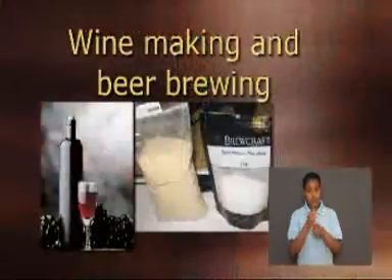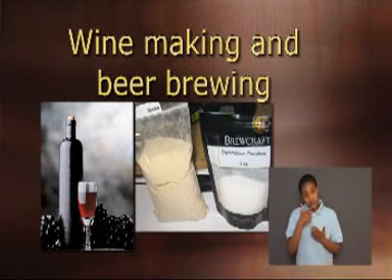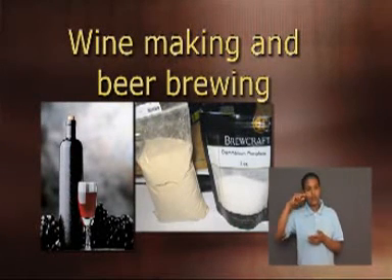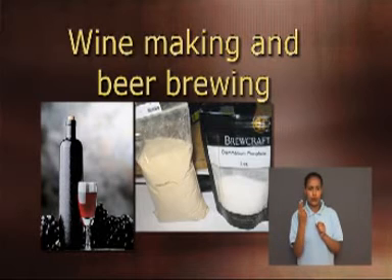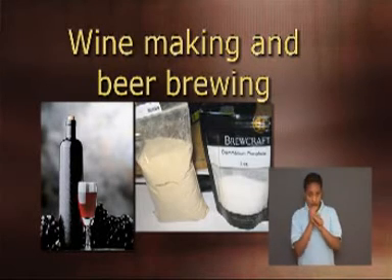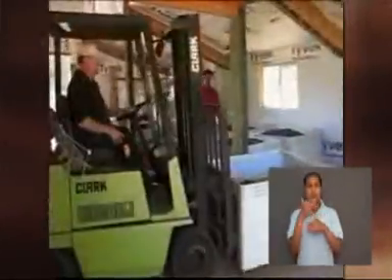Hello again, students. Were you able to come up with an answer? You might have said that diammonium monohydrogen phosphate can be used as a yeast nutrient in winemaking, as well as in beer brewing. Students, in this video, you can see the process of wine being made.